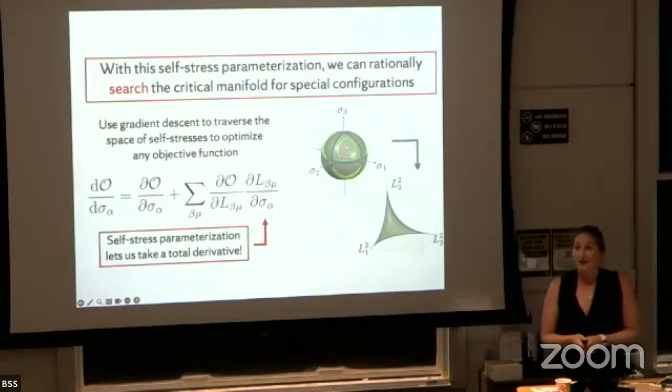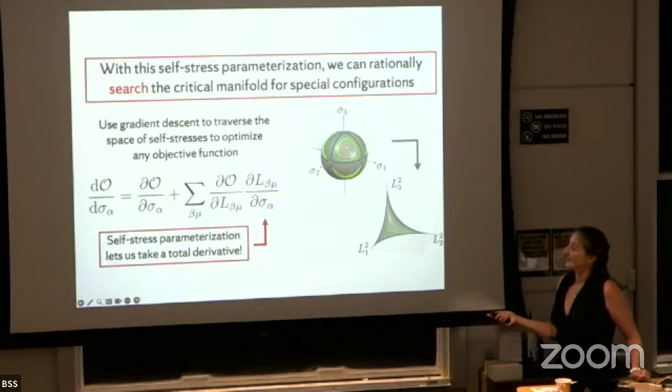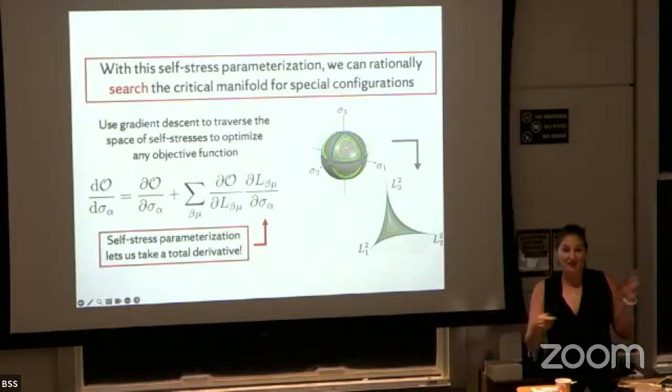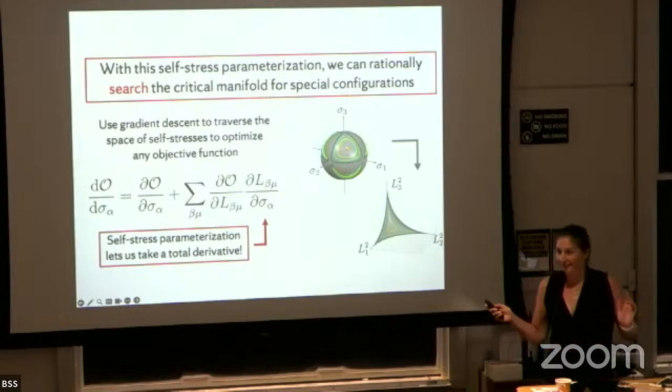But let's say I wanted to optimize a large family of functions. I'm not telling you what it is, it's some objective function, and the key thing is that any objective function which I can write in terms of these bonds, these L's, I can write as a partial derivative in terms of the L's, if I want to optimize O. But because I have this mapping, I can also write it as an optimization over the states of self-stress.